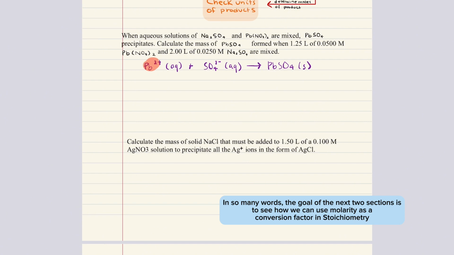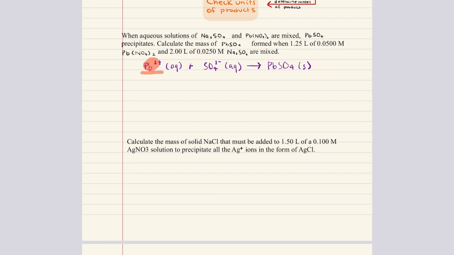And so what that means for us, considering our net ionic equation just contains lead ions, is that we have 0.05 molarity of lead ions. And that makes it useful for us to calculate the moles of lead ions in the volume, because we can write the volume we have of lead ions and use the molarity of lead ions.